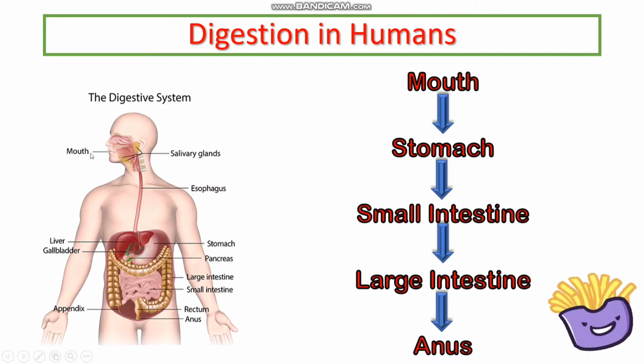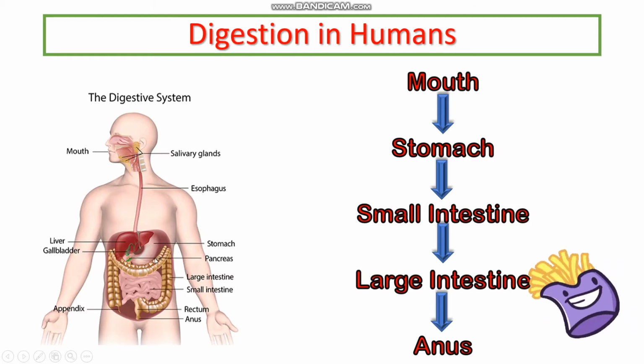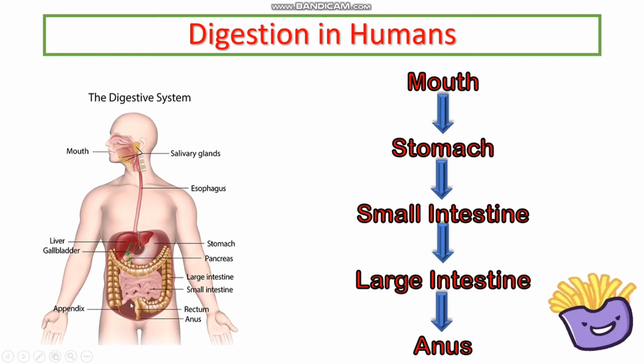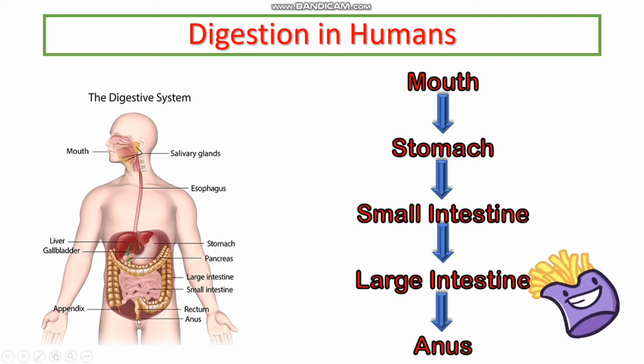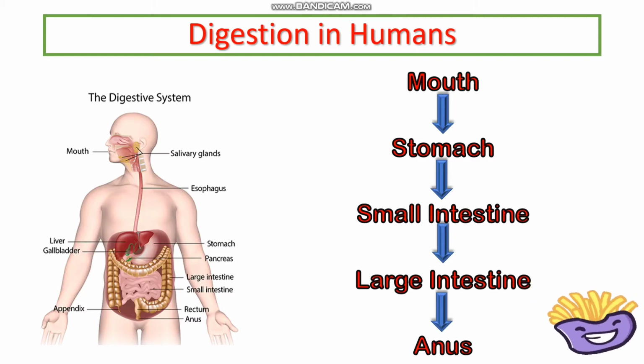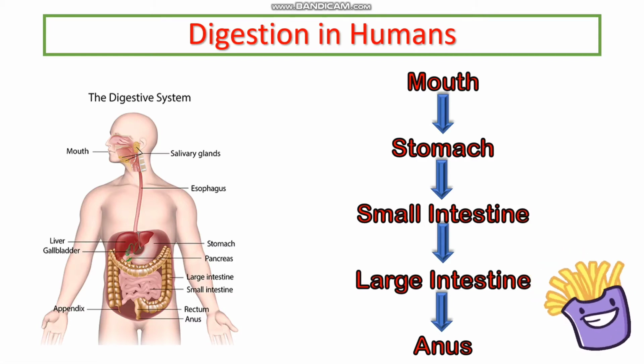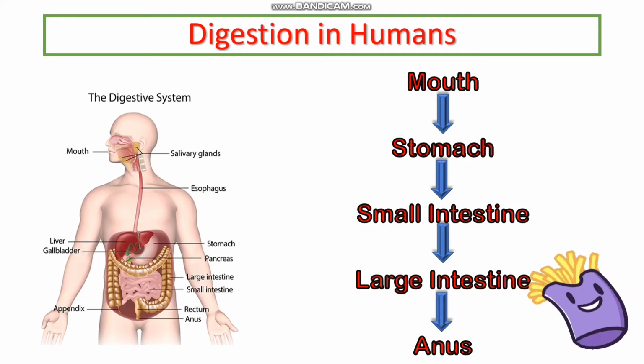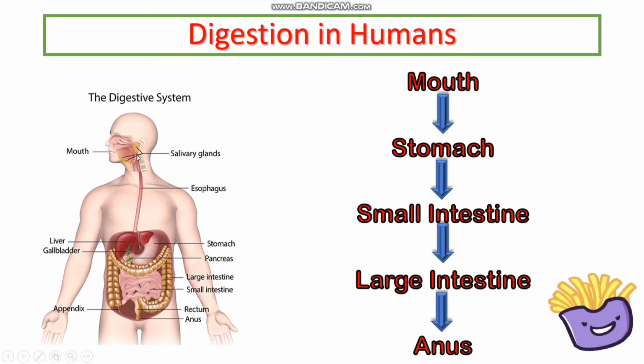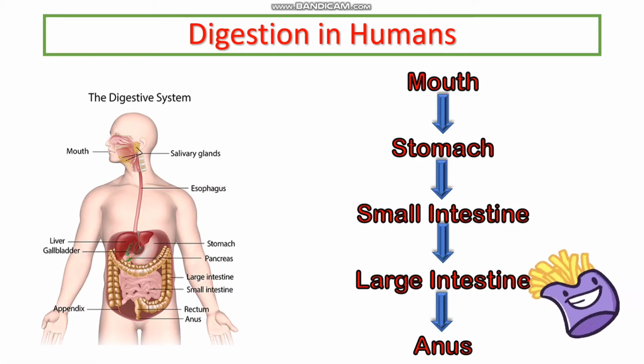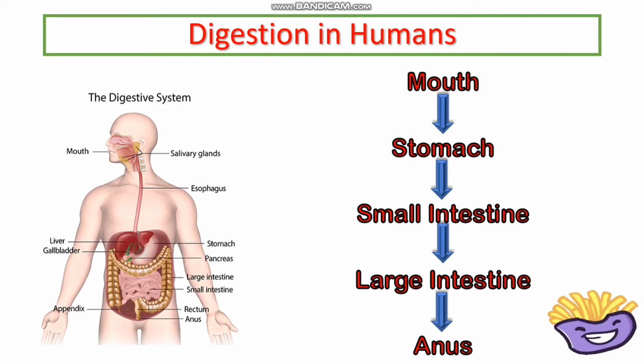It starts from here, mouth, then esophagus, that is the food pipe, then to the stomach, then to small intestine, then this is the large intestine, and here is the anus. So this is how we consume the food, and the nutritive values are mixed in the blood, and that blood is spread in our whole body, and like this we get protein, carbohydrates, minerals, vitamins. So let us see how these work.